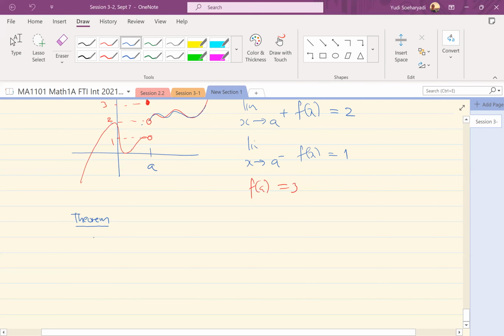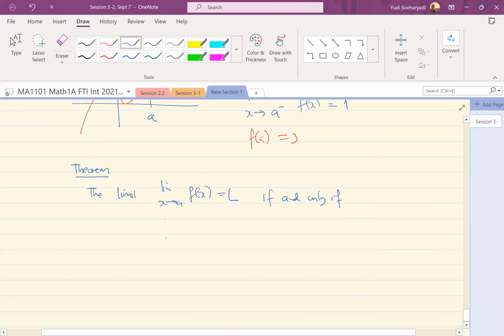We have the limit as x approaches a equals L if and only if the one-sided limit equals the other one-sided limit, also same thing.